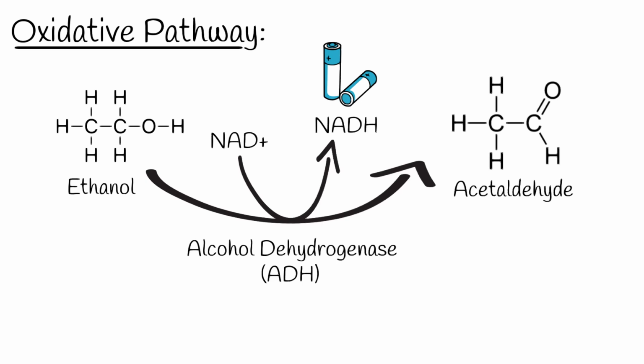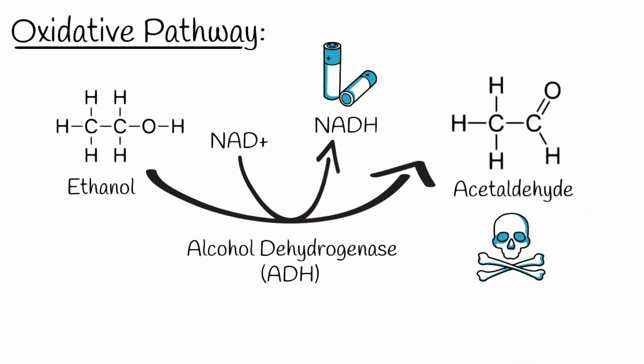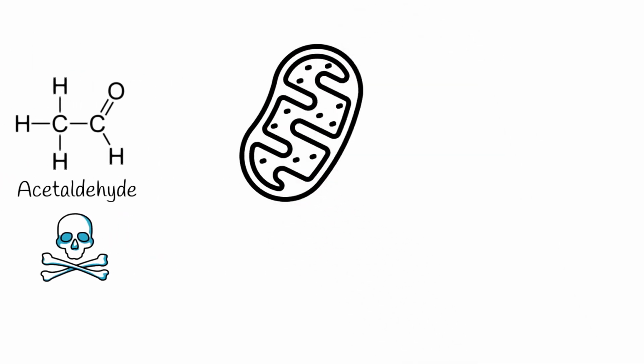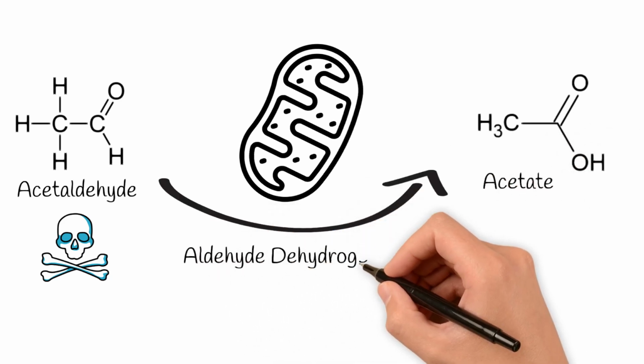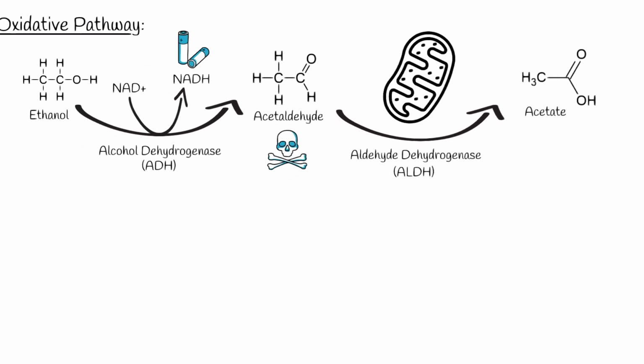But acetaldehyde is extremely toxic to cells and can easily damage the pancreas or the liver. Therefore, acetaldehyde is quickly brought into the mitochondria where it can be converted to acetate by the enzyme aldehyde dehydrogenase. Acetate is released into the bloodstream where it can be used to produce carbon dioxide, water, and fatty acids.